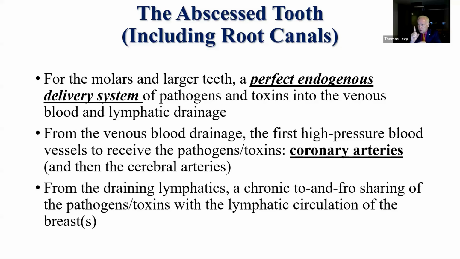And the first artery to receive this high pressure blood is the coronary artery. It gets nearly 25% of the cardiac output. And literally then, the toxins and pathogens actually get a physical pressing into the wall and begin the process of chronic pathogen colonization of the coronary arterial wall.